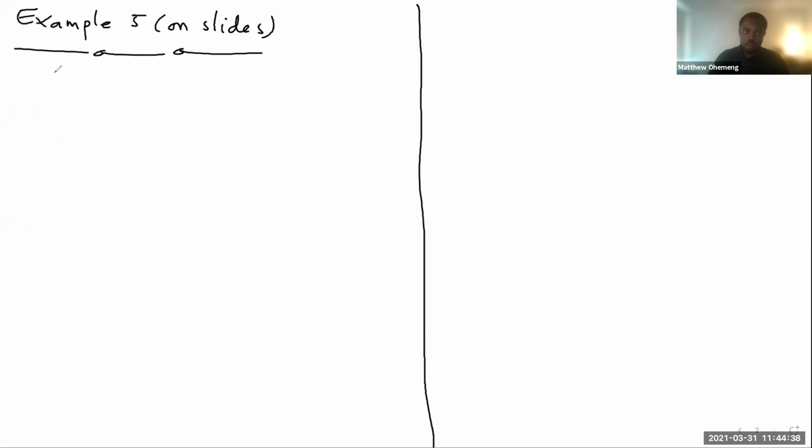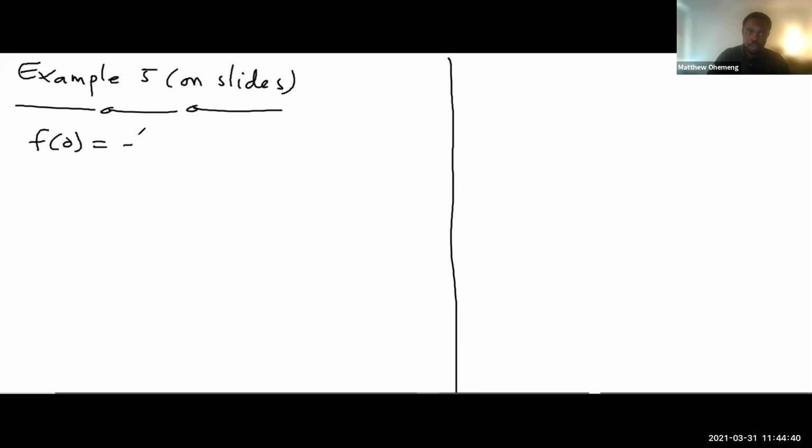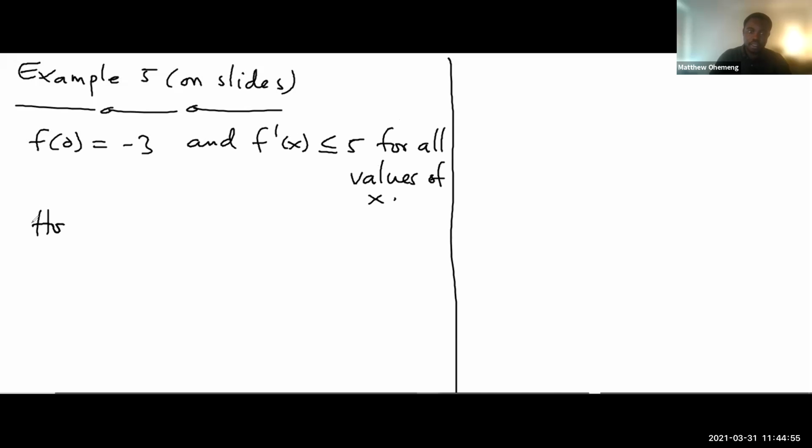Okay, so we have f of 0 equal to -3. And we have f prime of x less than or equal to 5 for all x. The question is asking for how large can f of 2 possibly be?